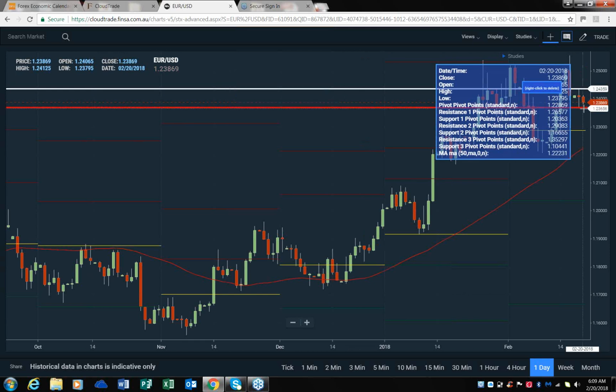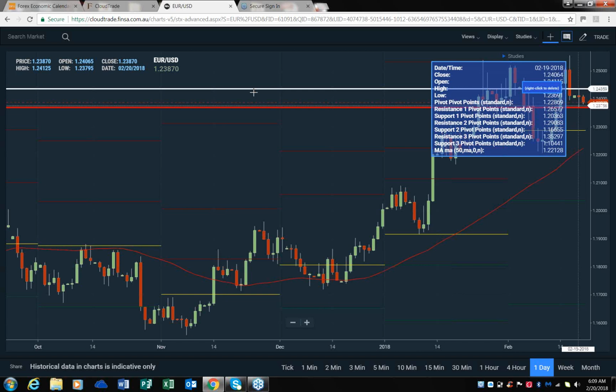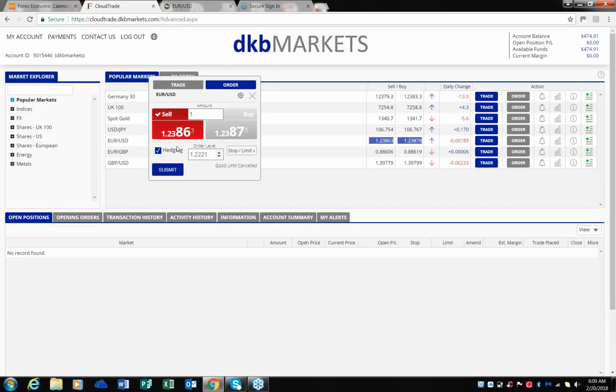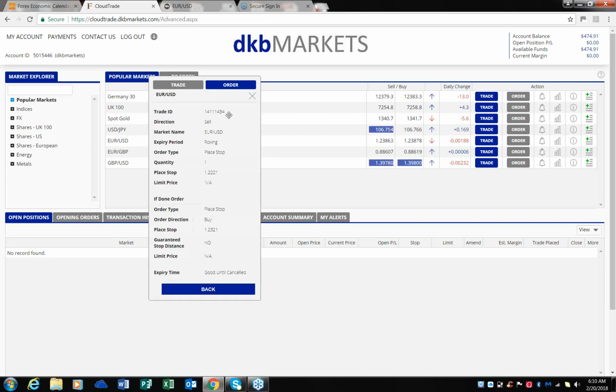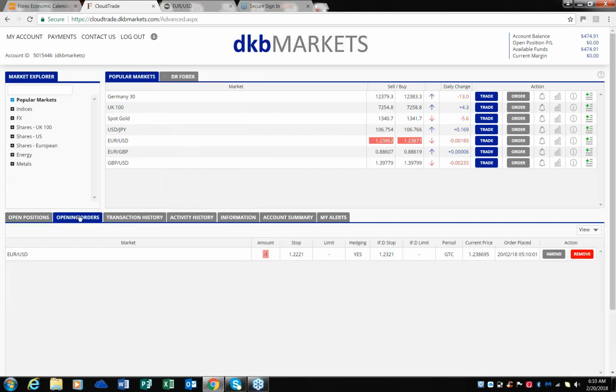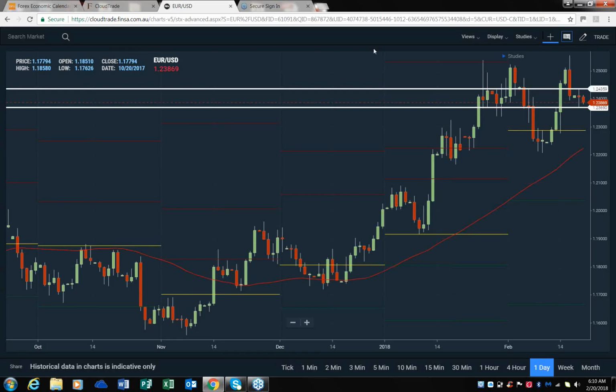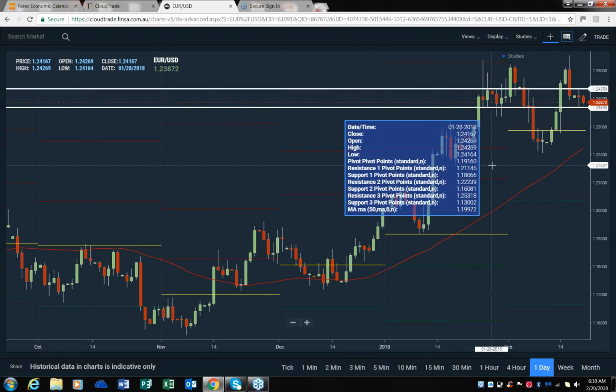Then my pending order will be in place. So 1.2221, stop loss of 100 pips, and that's it. You leave the limit blank and just submit. So that's all I need to do from my swing trading point of view, and then I'll reassess again tomorrow morning.